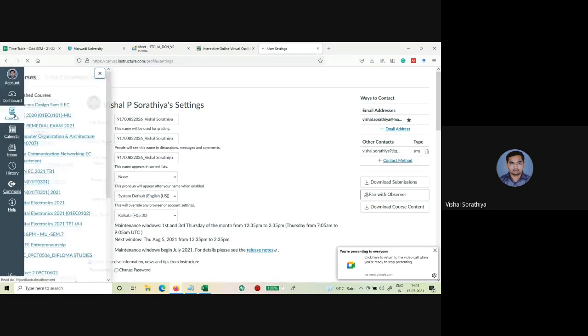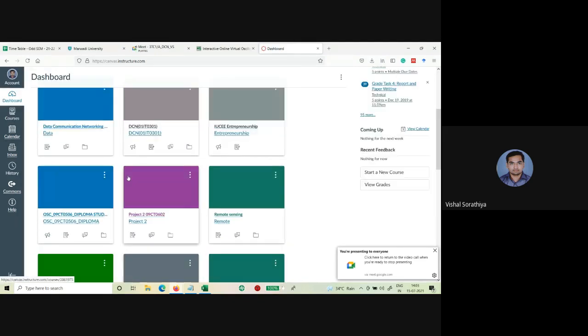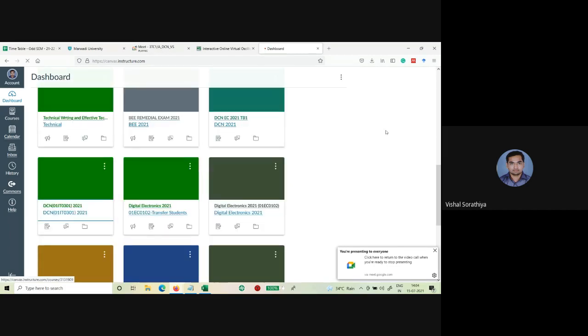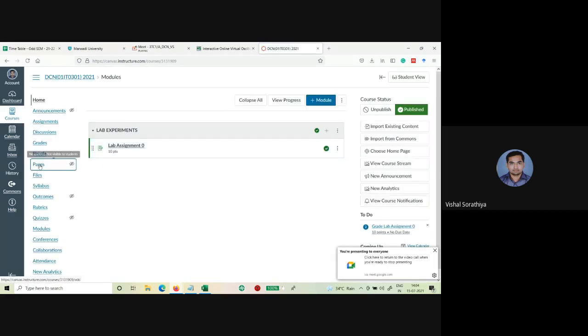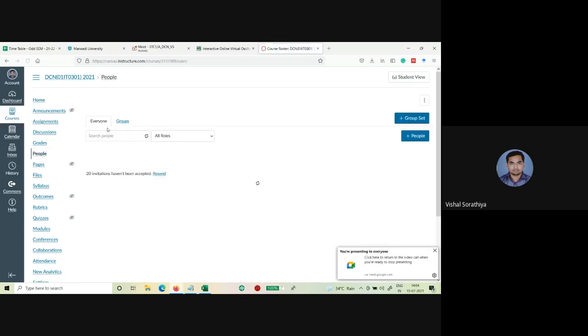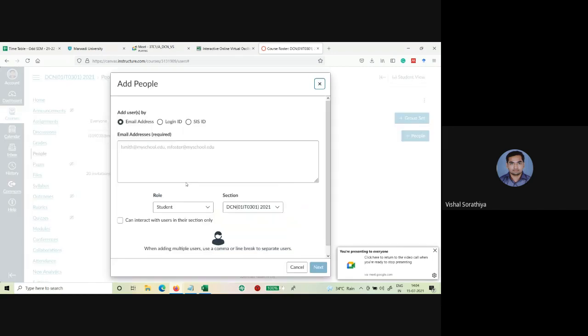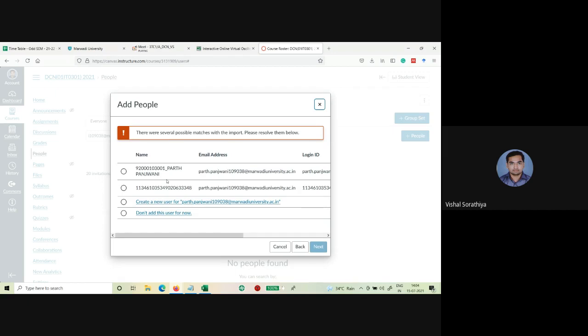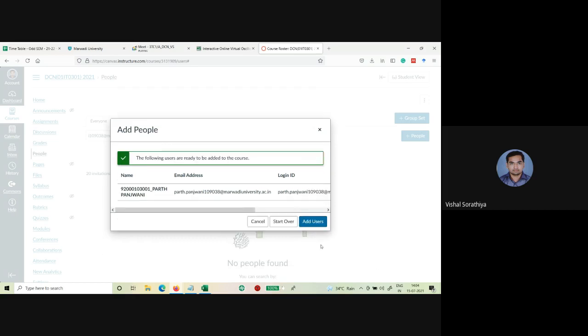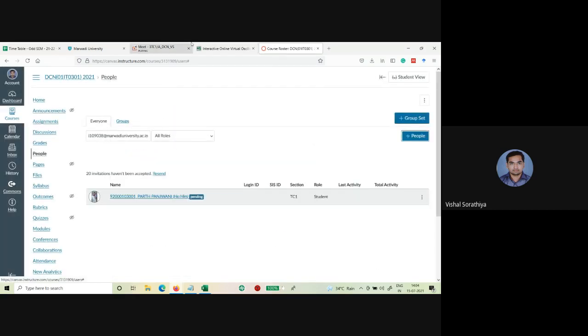Give me a minute. Parth, which ID am I supposed to select, this 9200 or this 11346? Okay, the first one. So check your Canvas.